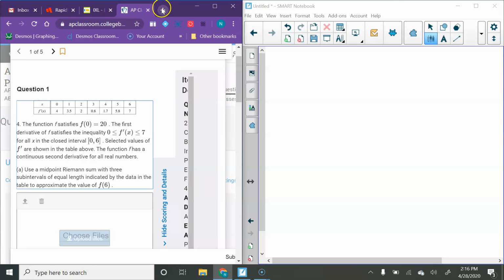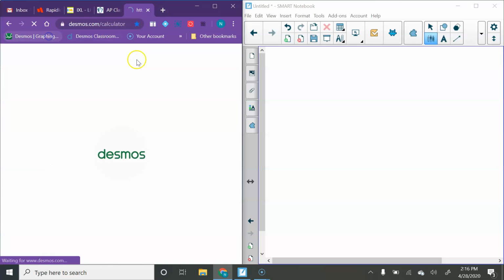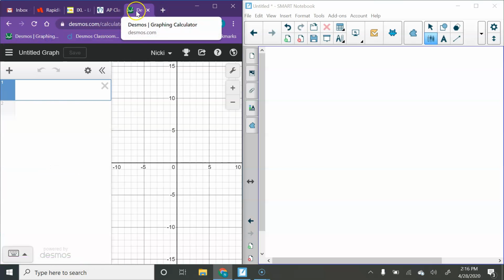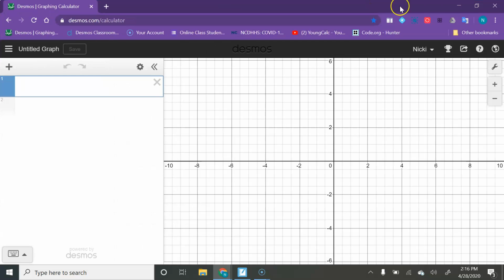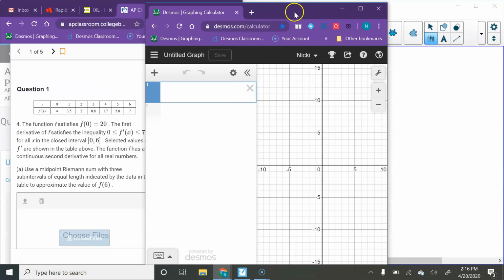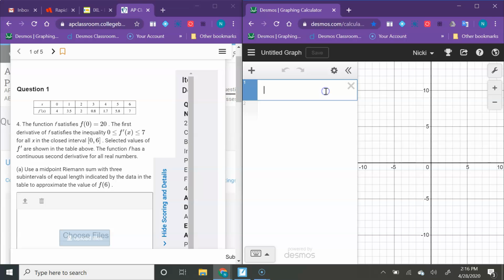So I'm going to graph this real quick just so you can understand what's happening. And as far as I know, Desmos is completely allowed on the exam, so you can do this as well.